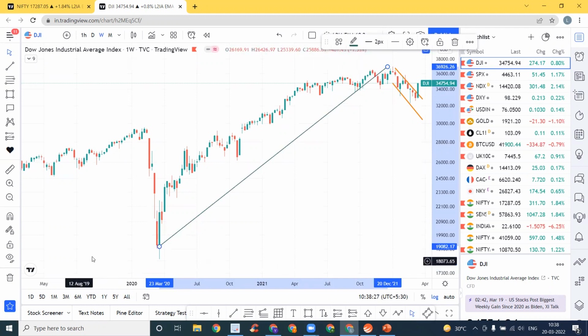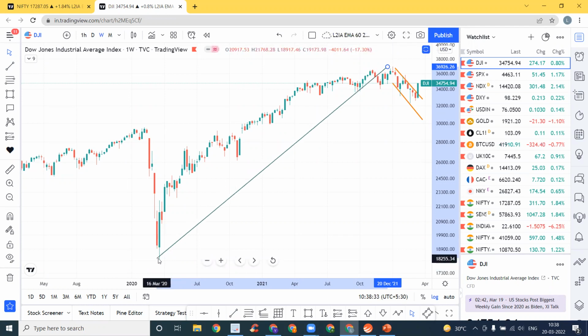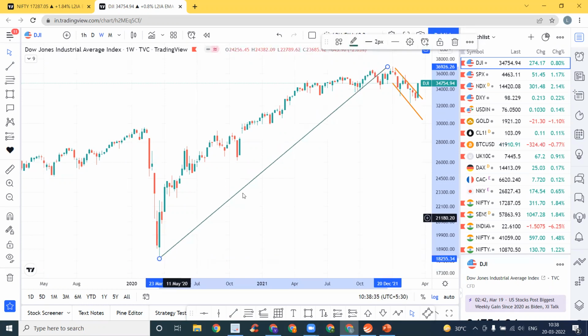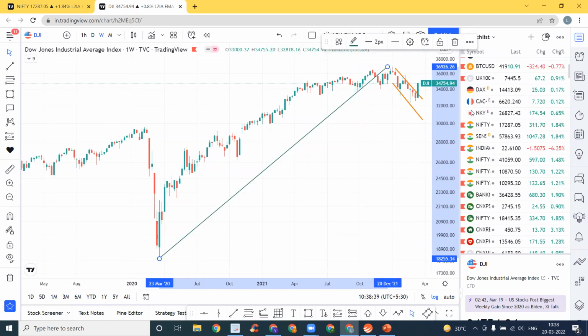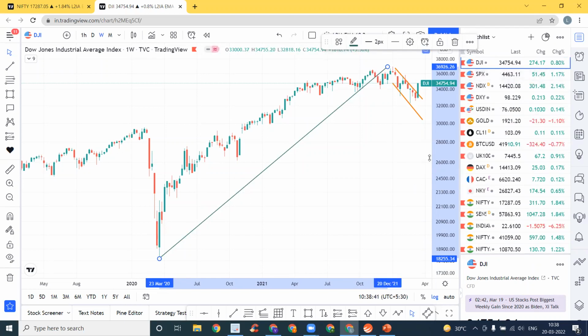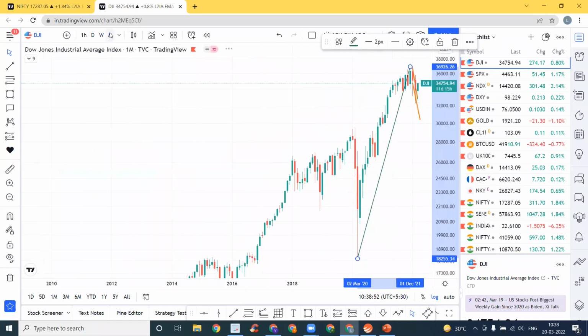So you can see this was the lowest point, or if you consider this week, and the market is in an uptrend. Now, we'll see some theory called Dow's theory today, and we'll come to know that in an uptrend on the monthly chart, this is my monthly chart.